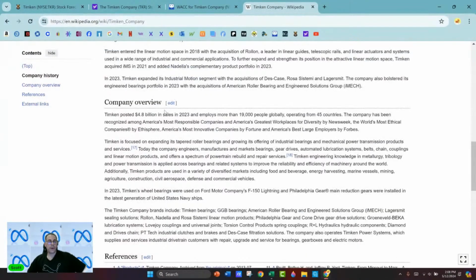Timken posted $4.8 billion in sales in 2023, employs 90,000 people globally. Among the most responsible companies in America, greatest workplaces by diversity. Canton.